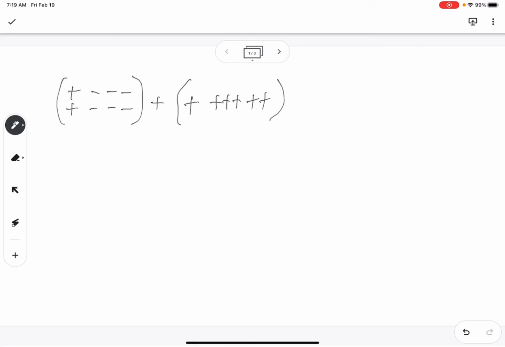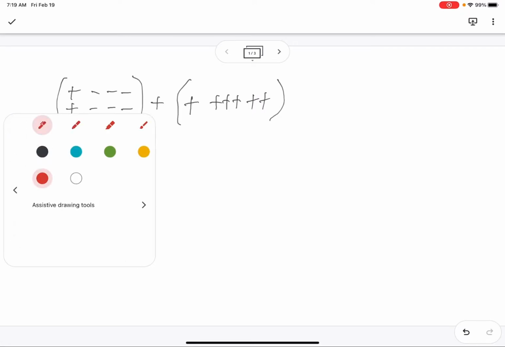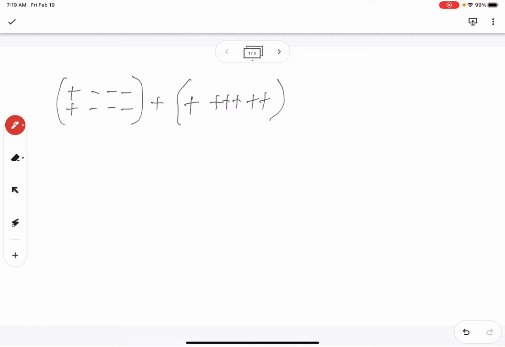So first thing we're going to do here is we're going to kind of add these together, okay? One way you can look at this is maybe a plus equals a positive 1, and this negative equals a negative 1. That's one way of looking at it.